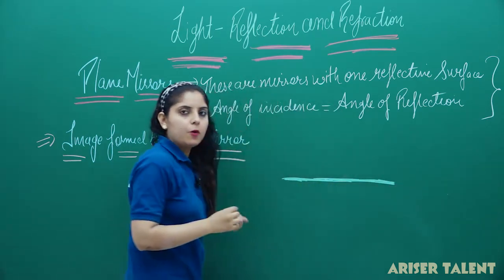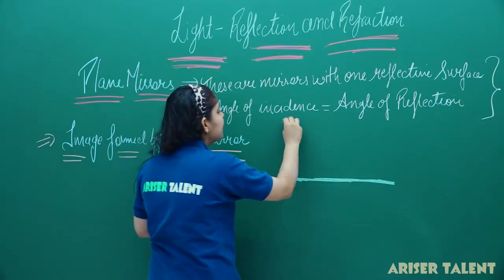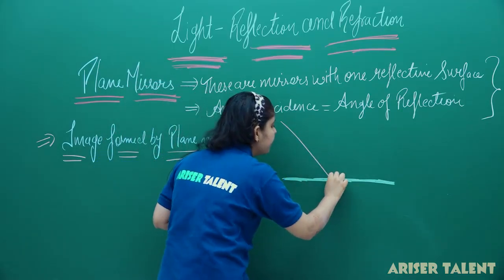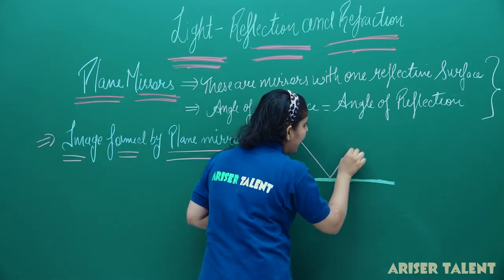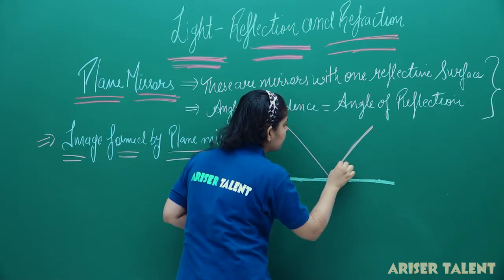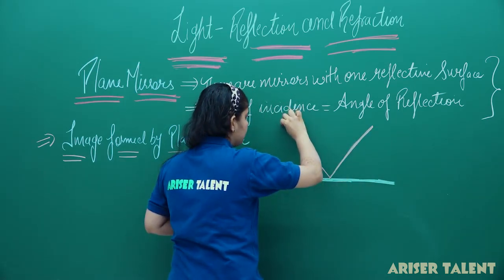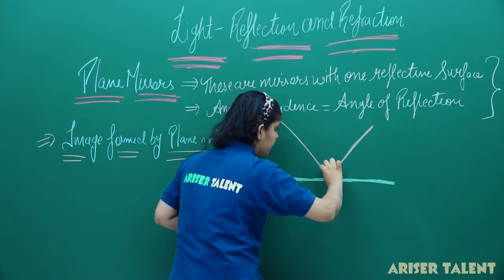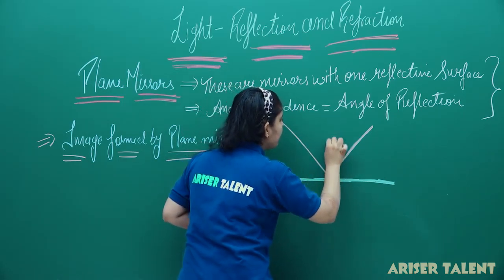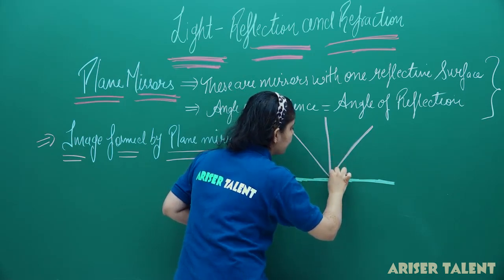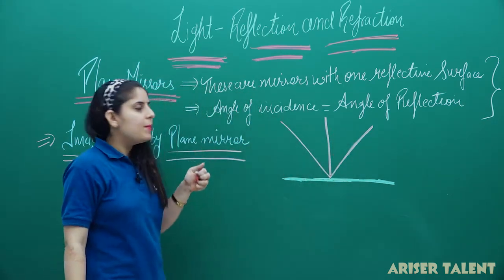This is the mirror we have. Now what will happen in this case: a ray will strike the surface and reflect back into the same medium, and it is going to form the normal here. This is the thing we have seen in the case of mirrors.